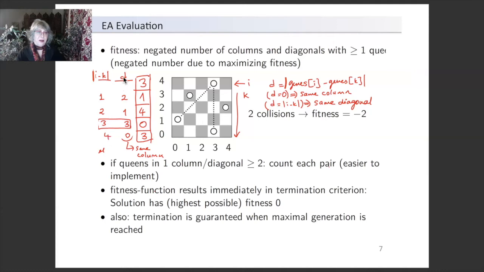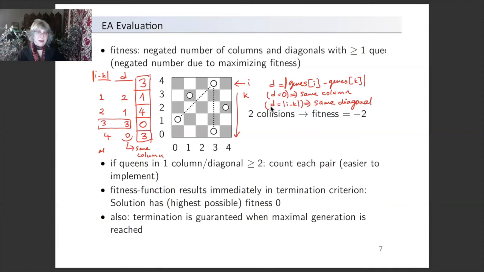Compare D. If D is 0, let's consider where D is 0. It is 0 here. It means that the queen in row I and the queen in this row are in the same column. This is one of the conditions.